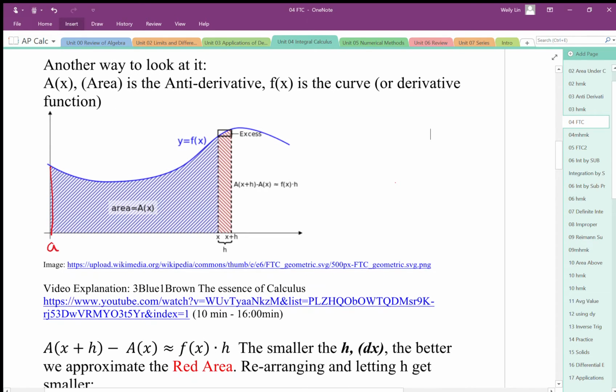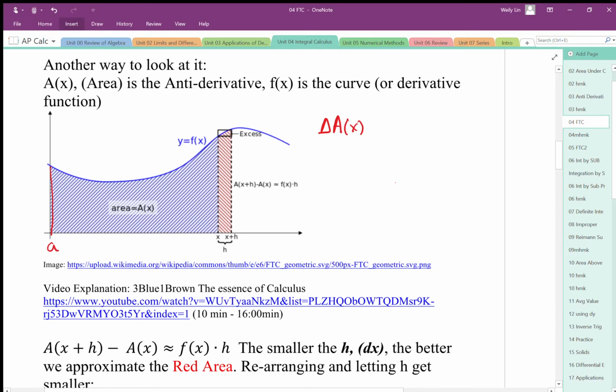Well, if we take a look at our point here, right, we can say that this little bar here represents a small change in area. Okay, so that's basically a small change in area. So I'm going to say that that little red bar is change in A of x.